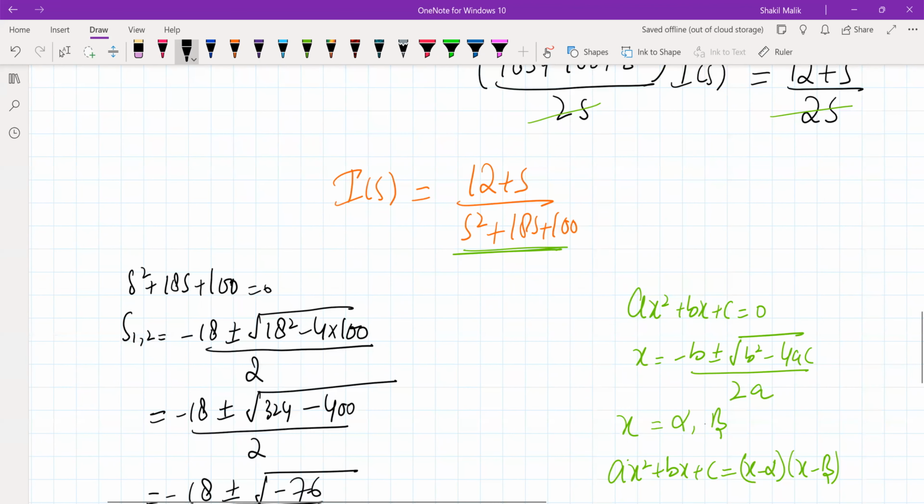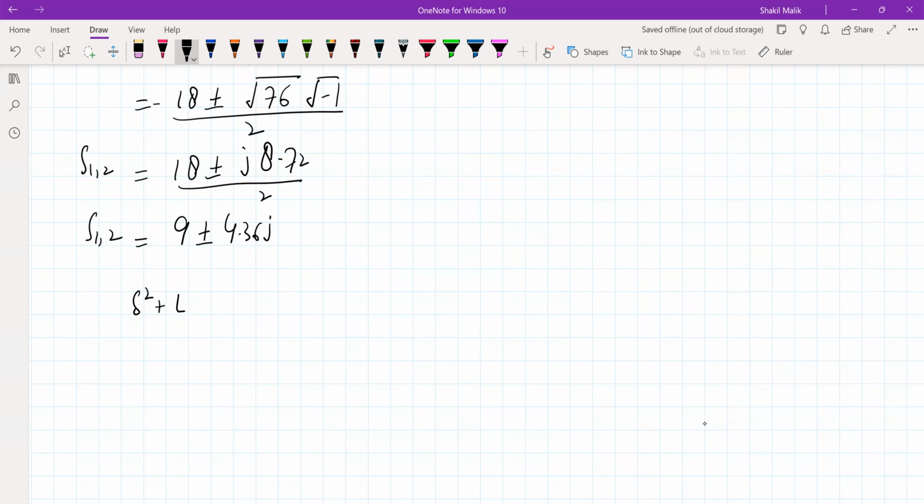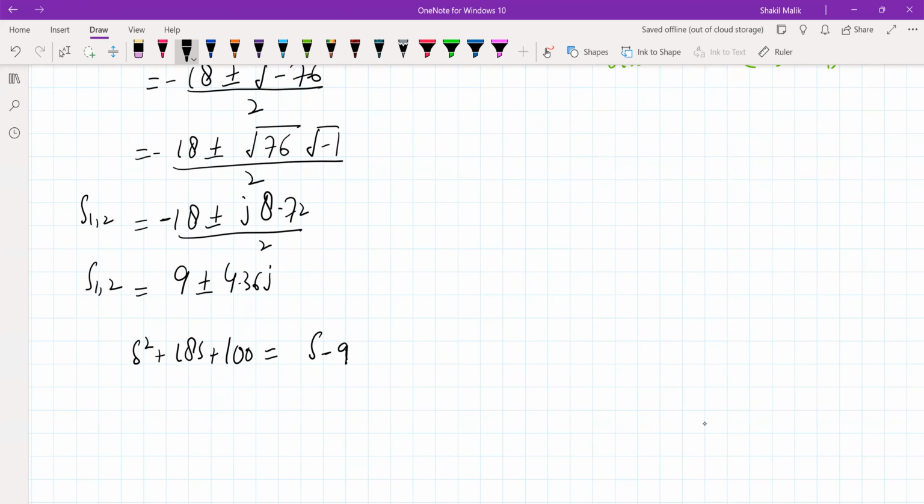So that means we can express s square plus 18s plus 100 as s minus s1 times s minus s2.